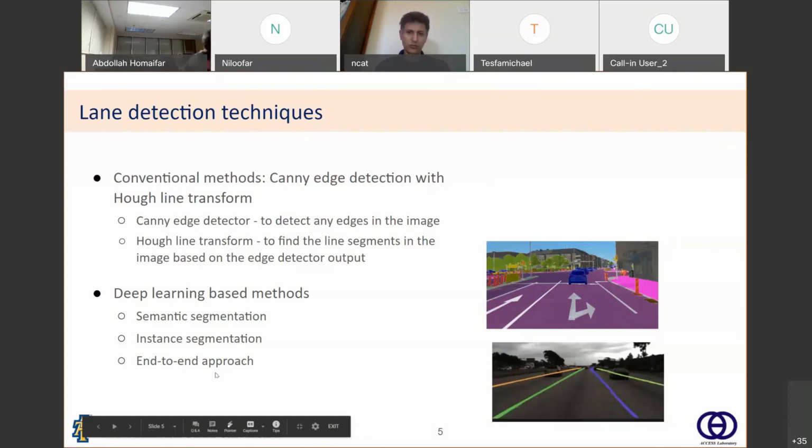In this case, it takes the properly labeled image, and there is an associated polynomial or some other curve that represents the lane boundaries. Without any need of post-processing, it just generates the final result, whereas semantic and instance segmentation require some form of post-processing.